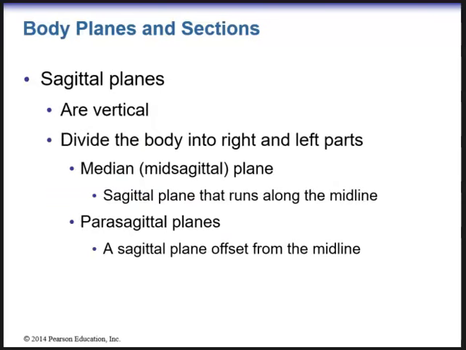Next plane is the sagittal plane. So sagittal planes are vertical and divide the body into right and left parts. Now, if we have a sagittal plane that will divide the body into equal right and left parts, this is also known as the median or mid-sagittal plane. So this plane runs along the midline.